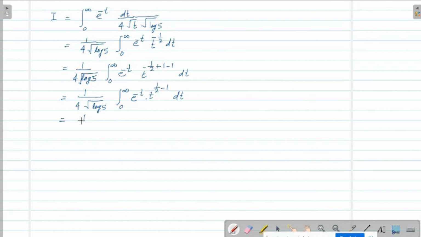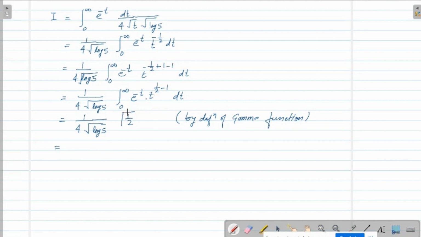So 1 upon 4 square root of log 5, and we write gamma of 1 by 2. Why is this so? By the definition of gamma function. You know the definition of gamma function. Just simplify this.